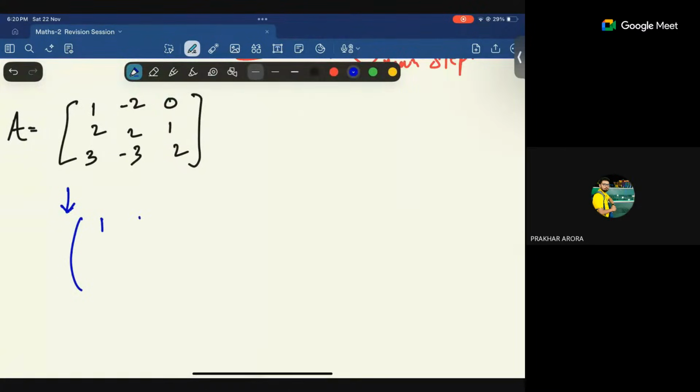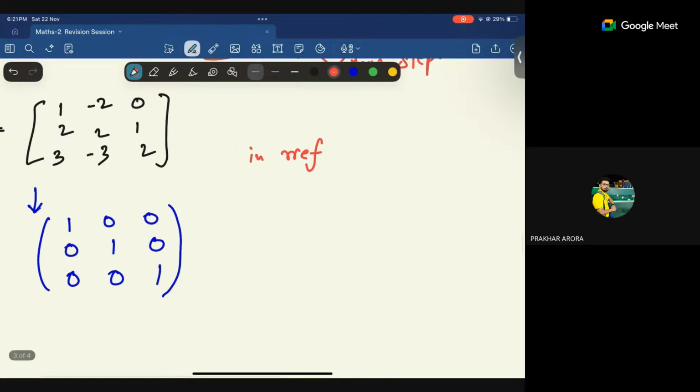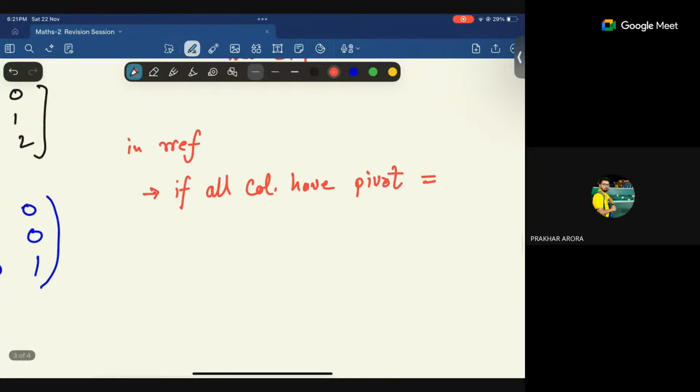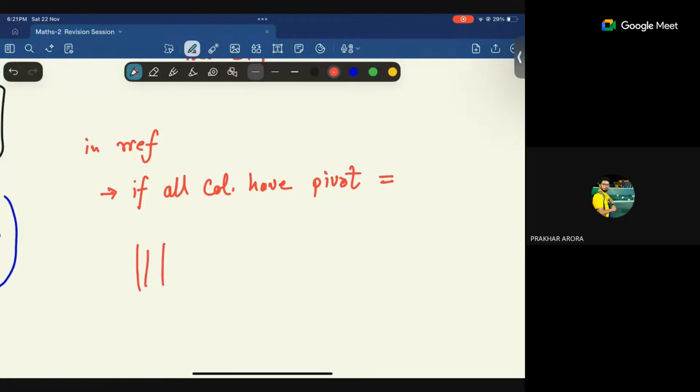So the RREF is 1 0 0, 0 1 0. Now why did I do this? Now look at this rule. In RREF, if all columns have pivot, pay attention here, it is columns have pivot, so this is 1 1.